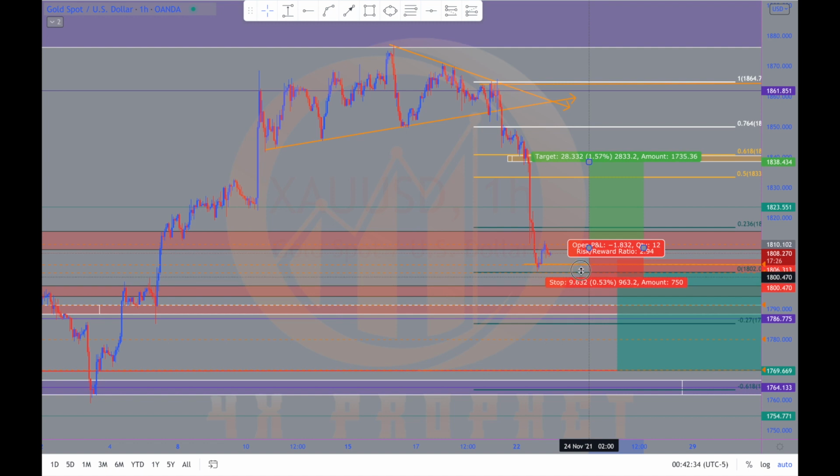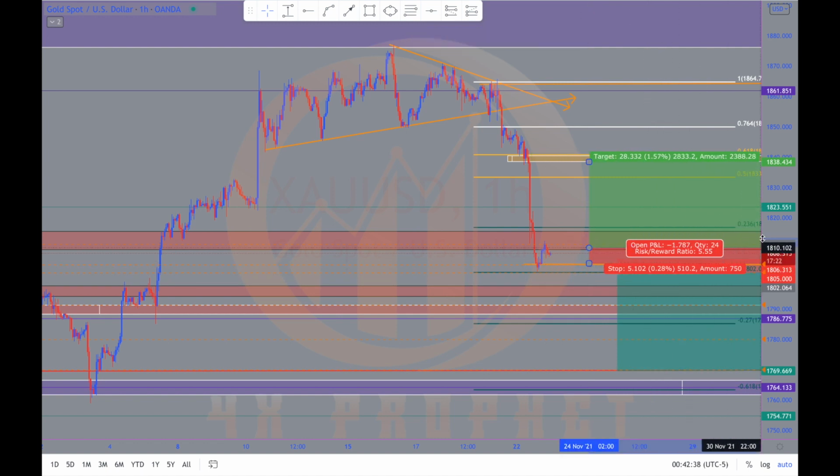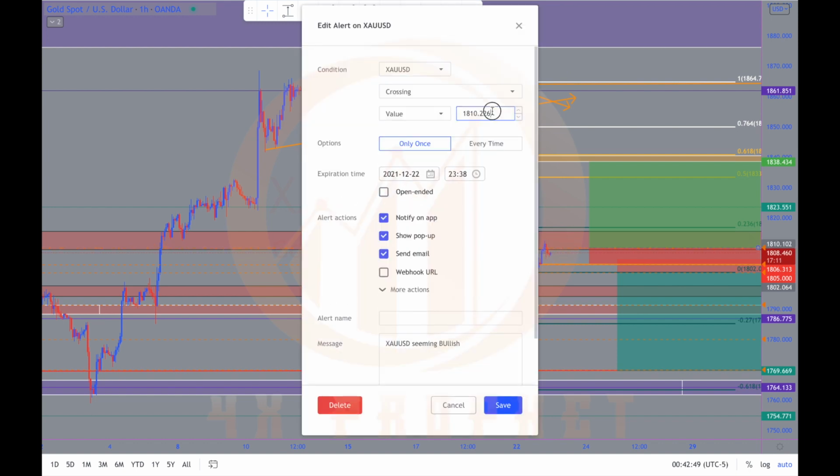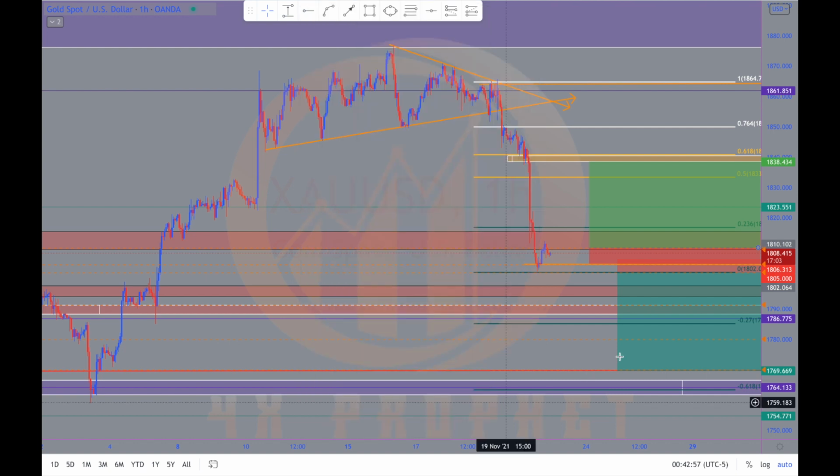And 1810, my stop loss will honestly be around 1805. So let's just adjust this, and this is where it comes with just being versatile inside the marketplace, because now you get an understanding of what is going on. Just add that there.